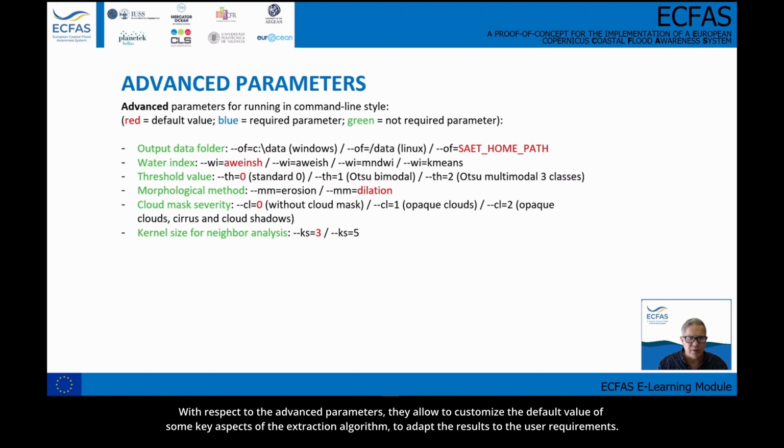With respect to the advanced parameters, they allow to customize the default value of some key aspects of the extraction algorithm to adapt the results to the user requirements. For example, sometimes the water index used does not define the land-water interface correctly, so we can use other water index and/or other threshold methods.